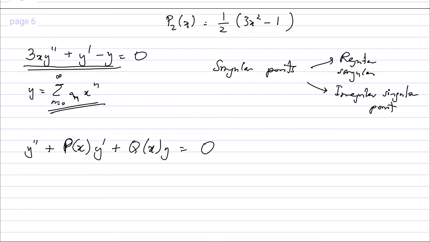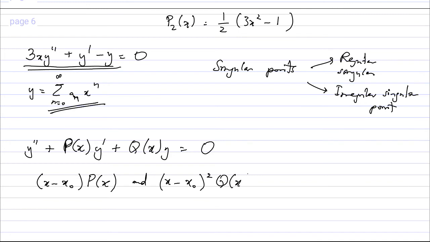That's why it's a singular point. On the other hand, if this is well behaved, it's analytic, and if this is well behaved, then you have a regular singular point.